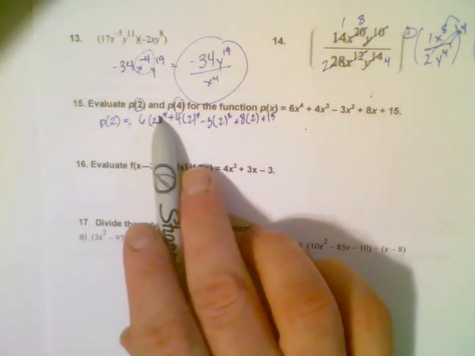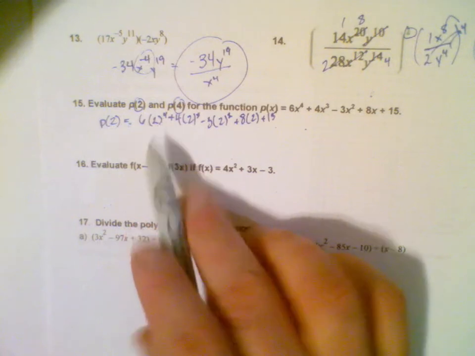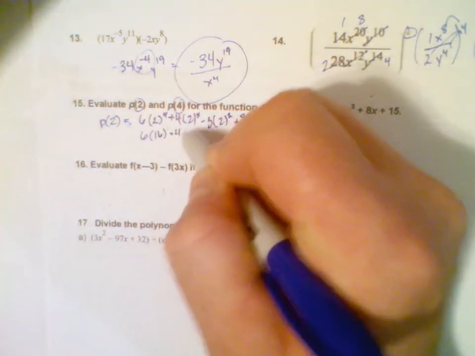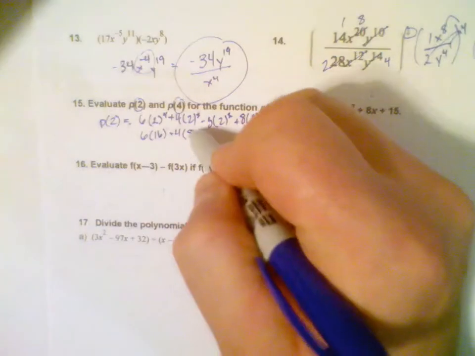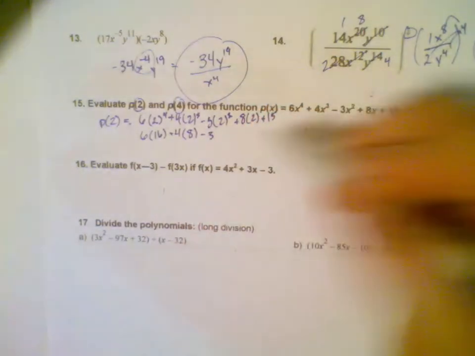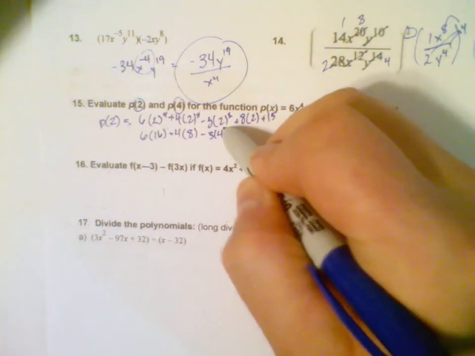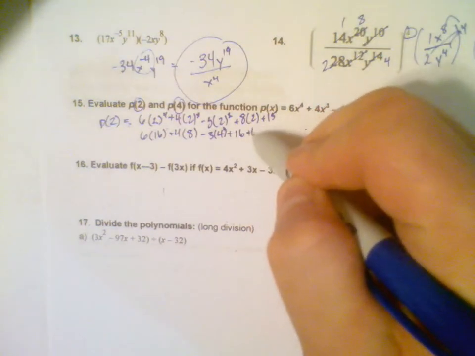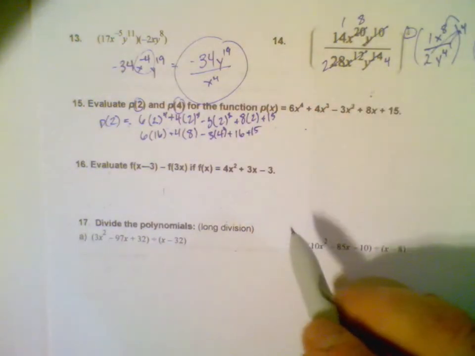So 2 to the 4th, that is 16, so it's 6 times 16 plus 4 times 2 cubed, that's 8. 2 to the 4th, or 2 to the 2nd, sorry, that's 4. Plus 16 plus 15. I'm going to keep simplifying here.